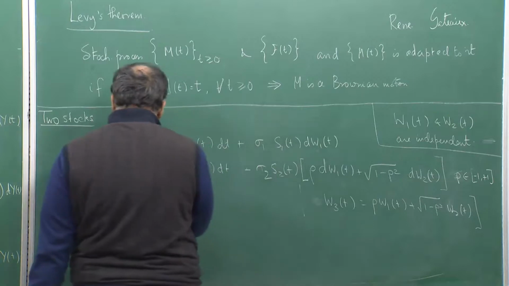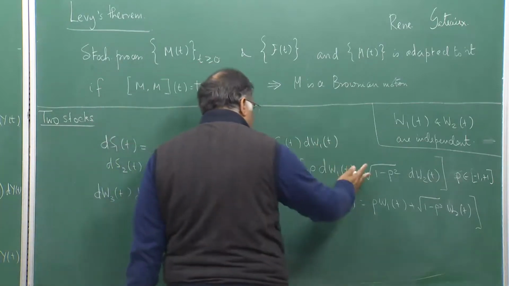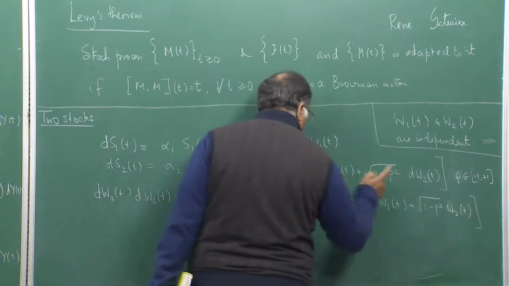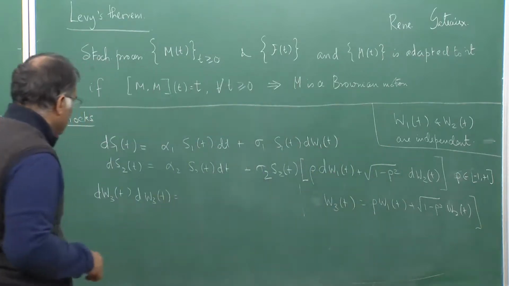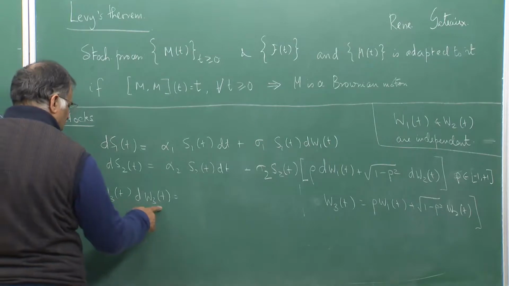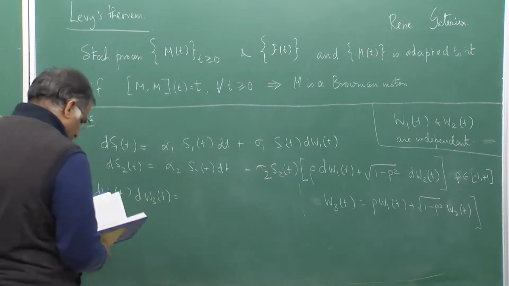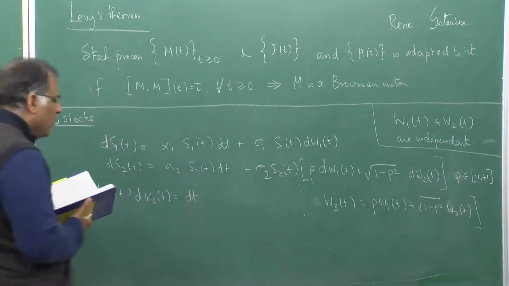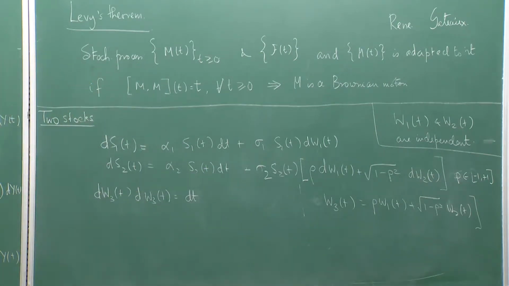So my S2 now depends on some other Brownian motion, which is a combination of W1 and W2. So here you have W3t, and if you take it, it will come out to be dt, and I want you to really do this calculation.